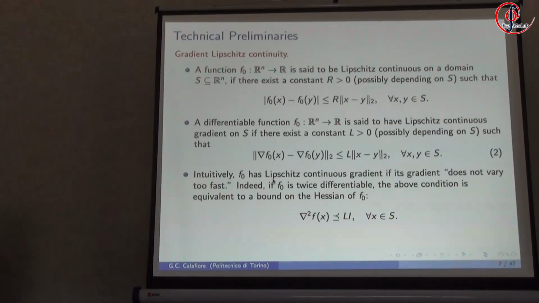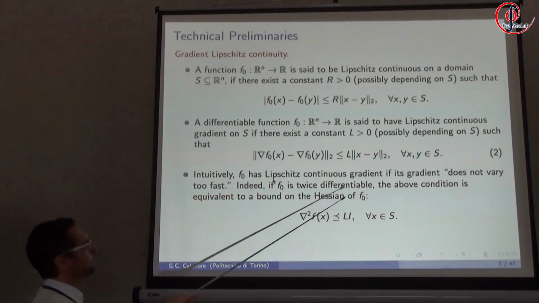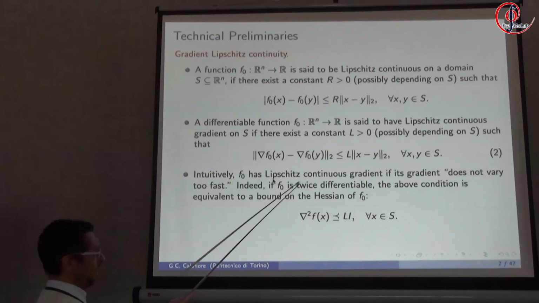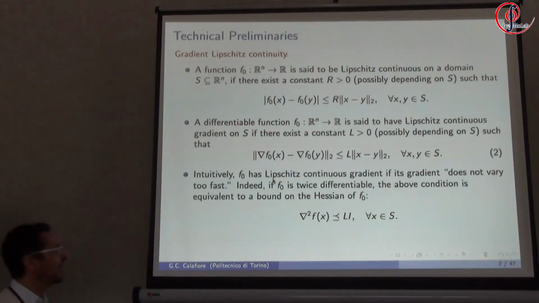It means that the gradient of the function should not vary too fast. Okay? So the intuition behind this condition 2 is that the gradient should not vary too fast.